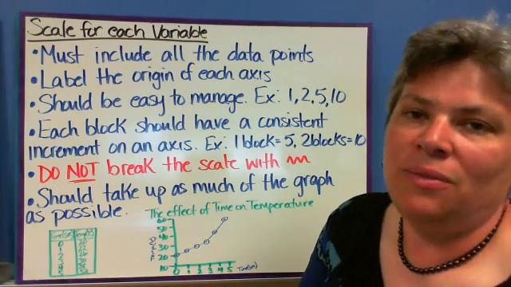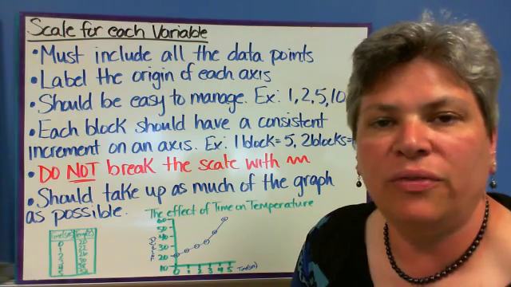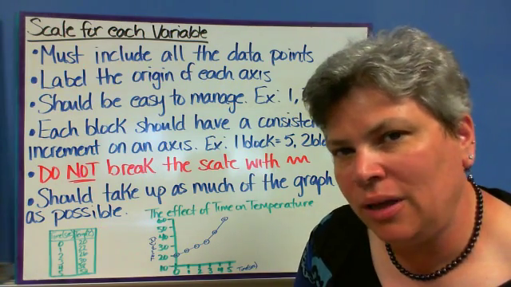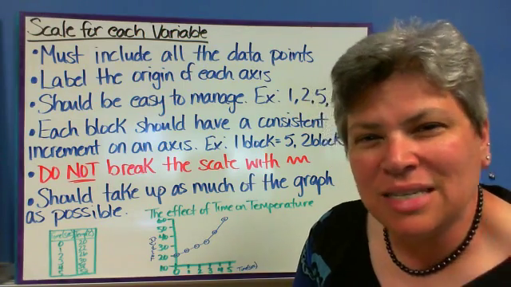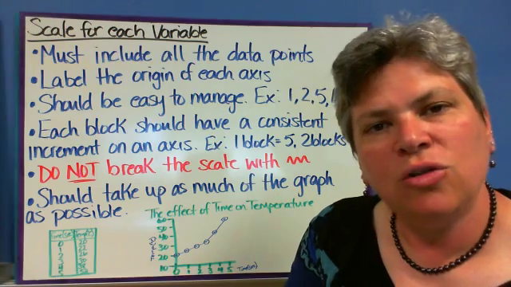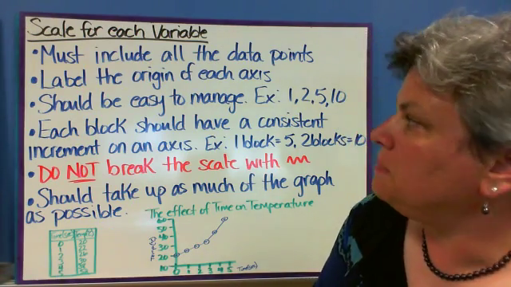It needs to be something that's easy to manage. It's easy to count by 1 or 2 or 5 or 10. It gets tricky when you try to count by 3 or 12 or 65. They're strange numbers that we're not used to using. Try to stick with a number that's easy to manage, that you can count by very easily.